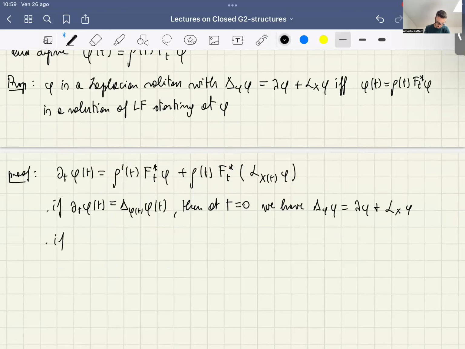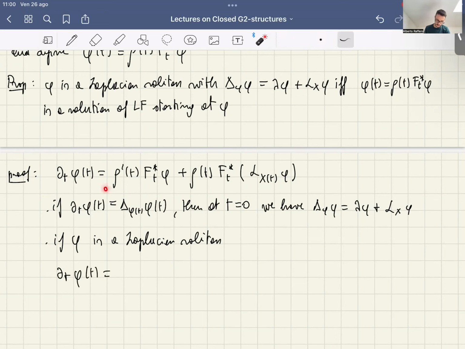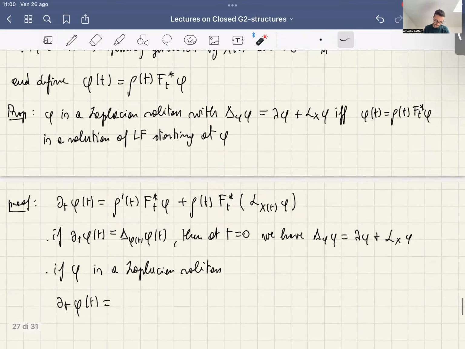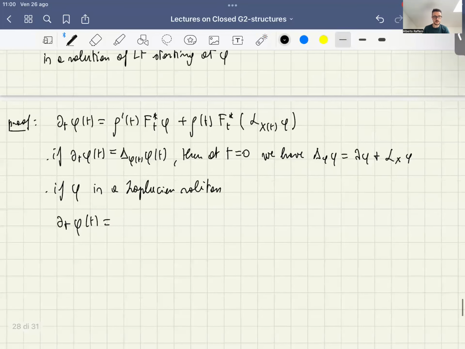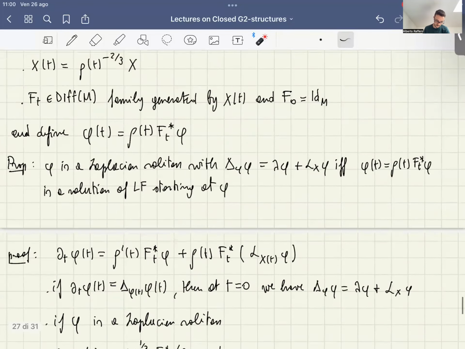On the other hand, if phi is a Laplacian soliton, then it follows from a direct computation that d/dt of phi t, which has this expression here, and here we can now use all the definitions we gave before for rho, for X, and for F, then here you will get rho t to the power of 1/3 times the pullback with respect to F of lambda phi plus the Lie derivative with respect to X now, so not X_t anymore, for the way in which we defined X here.